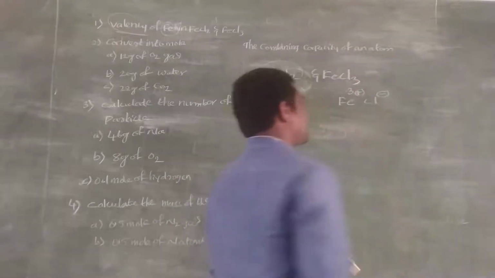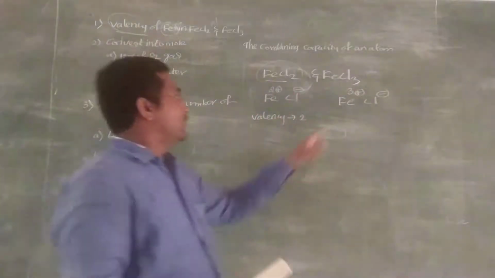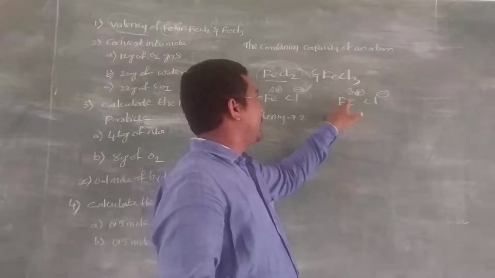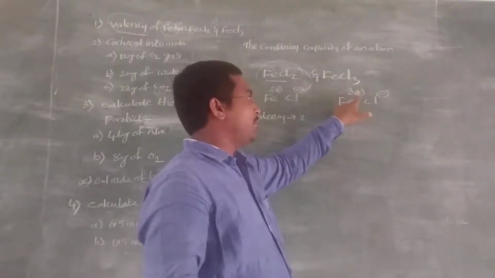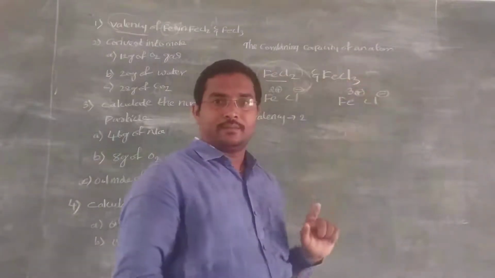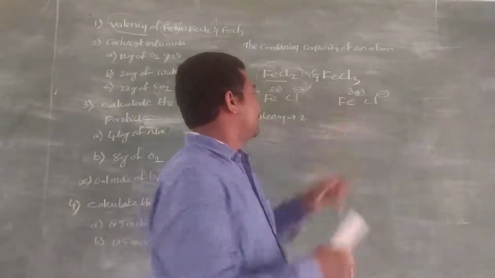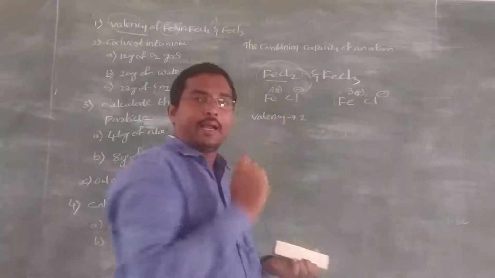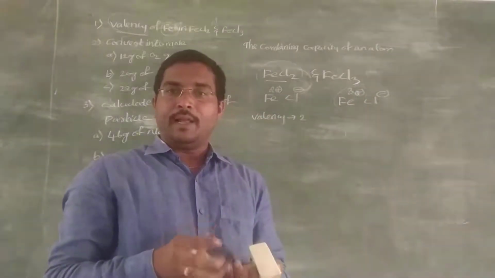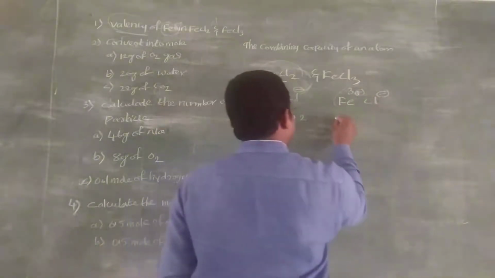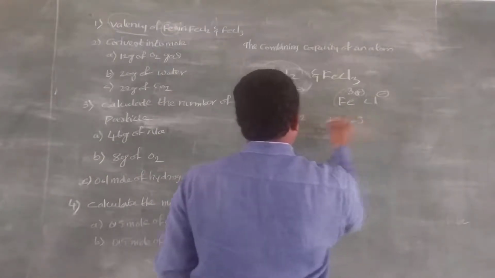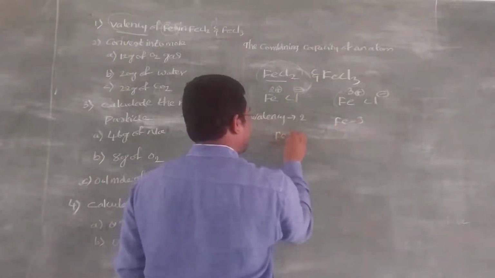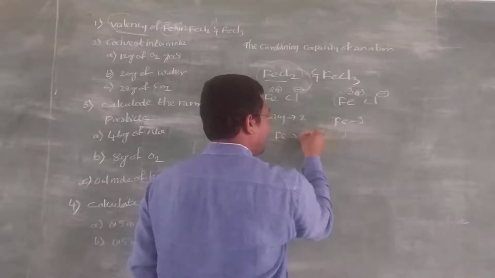Fe3+, for the crisscross method, you write FeCl3. This 3 you write as a subscript for the chlorine. Now here iron is 3+. This number on the cation represents the valency. Now the Fe valency is 3. So the valency of iron is 2 and 3.